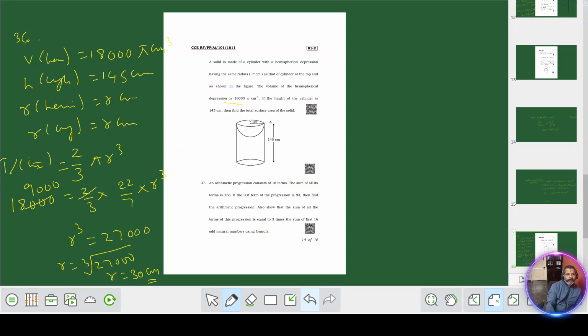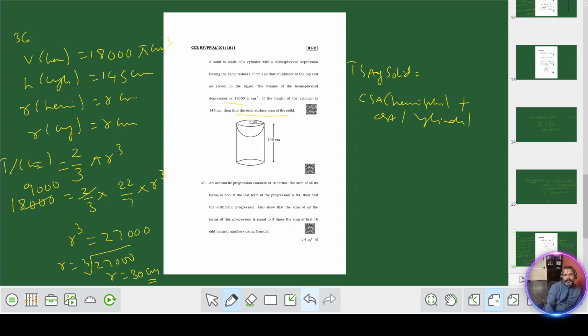Using this r, we have to find the TSA of the figure they have asked. So, TSA of solid is CSA of hemisphere plus CSA of cylinder.